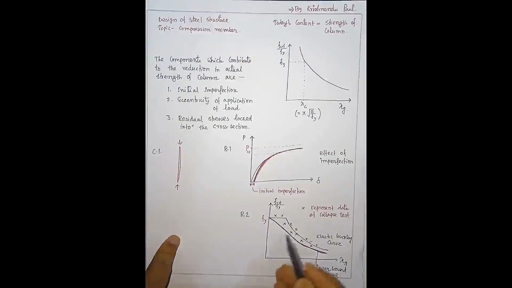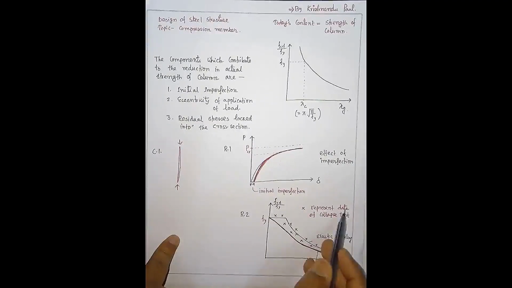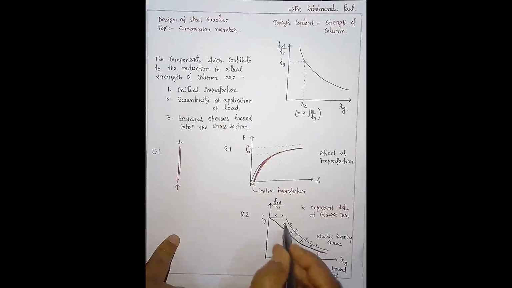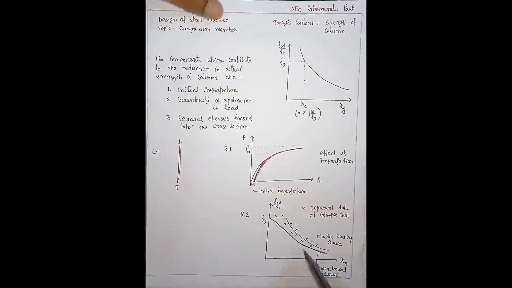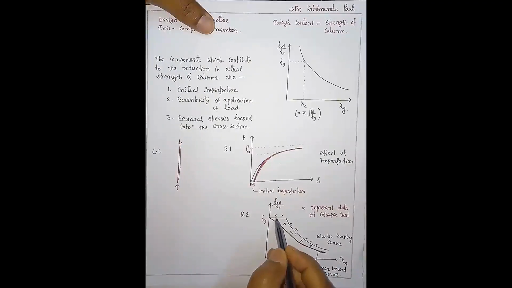These cross marks represent the data of the collapse tests. So the tested data are shown by these cross marks. Now these cross marks are coming somewhere at these points.